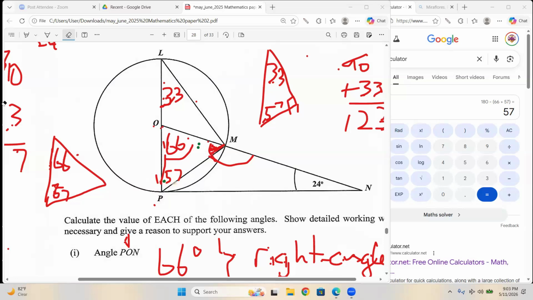So that's perfect. So now, since we know that this angle here is 57, let me take all this mess away because it looks like a mess.